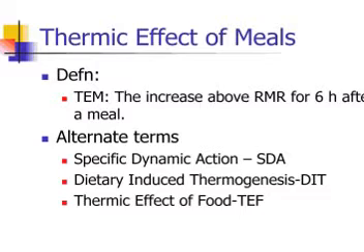And the area under that curve, under that bump above resting metabolic rate, is equal to about 10% of the calories that you consume. In some people it's as low as 3 or 4. In other people it gets up to about 12%, but the average is 8 to 10%.